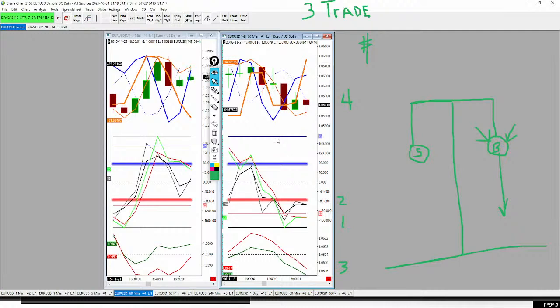Okay. Now, if these lines continue to point down when the candle ends, this is an indication to buy. Again, it's illogical, right? It doesn't make sense at first glance because these lines are pointed down.